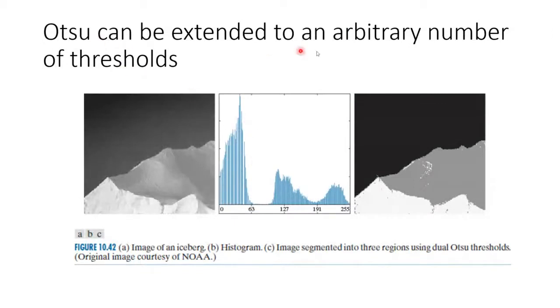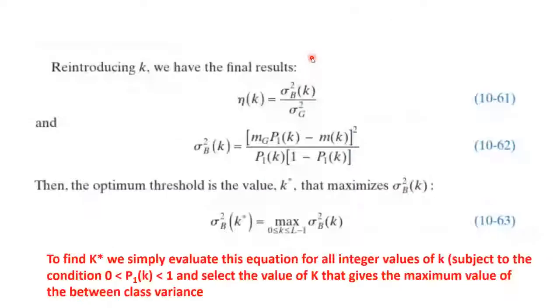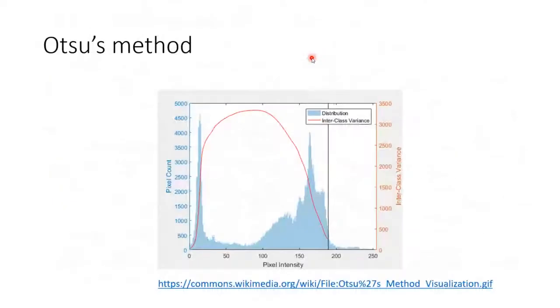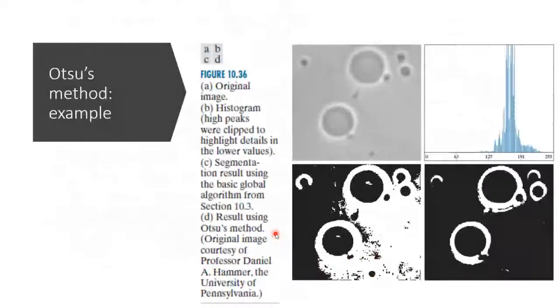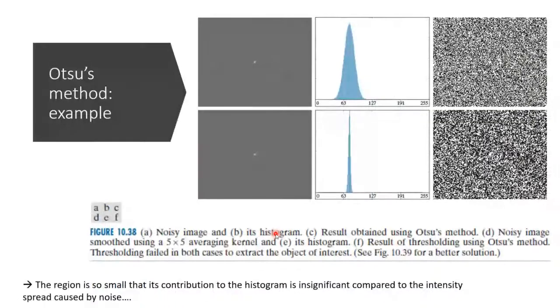But Otsu can also be extended to an arbitrary number of thresholds. We've seen in this image Otsu being applied to obtain just one threshold, separating two modes of this histogram. But it can be extended to various thresholds.